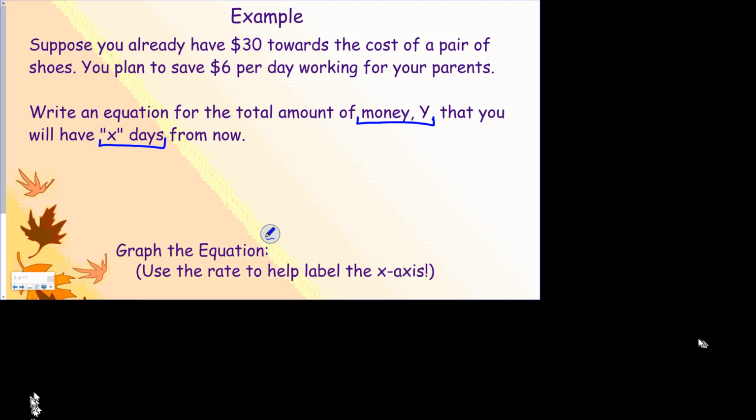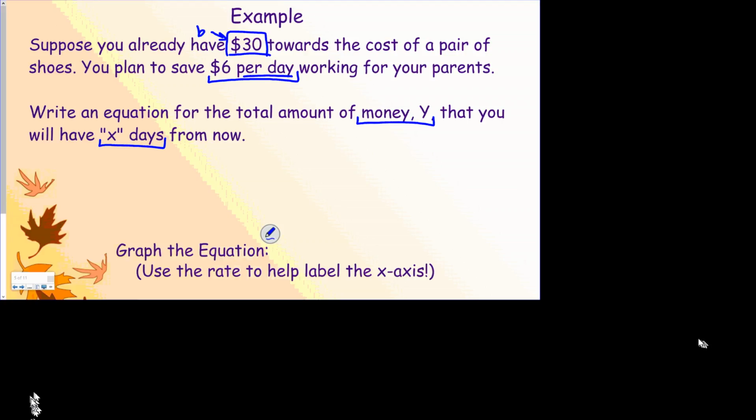But from the word problem, let's see if we can pull out our rate for the slope and our starting amount for the y-intercept. At the beginning it says you already have $30. So that $30 is a starting amount, which means that is going to be your y-intercept or your b. Later in the problem it says you plan to save $6 per day. That per day indicates a rate.